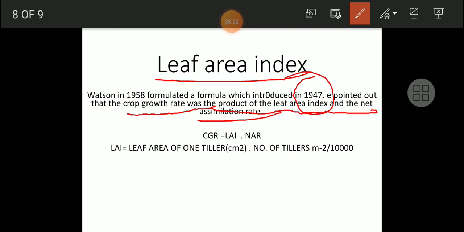According to him, crop growth rate is equal to LAI into NAR, where NAR is net assimilation rate and LAI is leaf area index. Leaf area index can be calculated as the leaf area of one tiller into the number of tillers divided by 10,000.